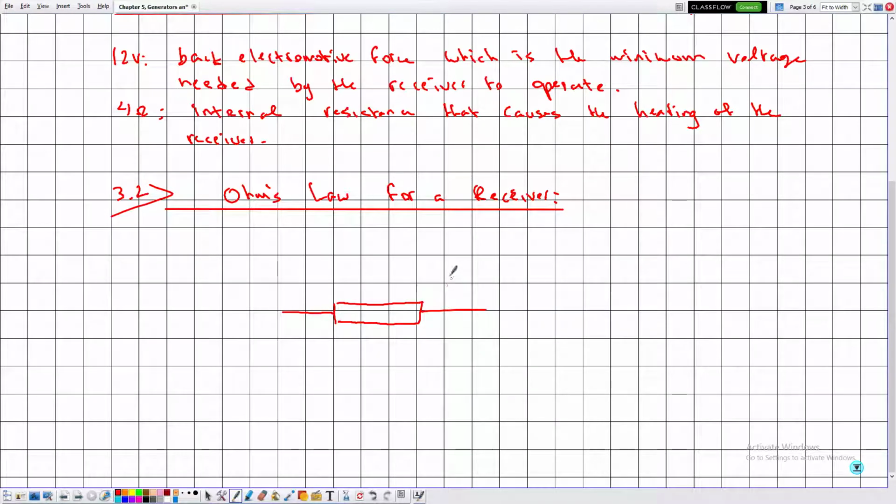Suppose it's the receiver D carrying the following indications that are given by 12 volts, 4 ohms. Since the term ohms appears on this receiver, then for sure it is related to Ohm's law. So apply Ohm's law to D.